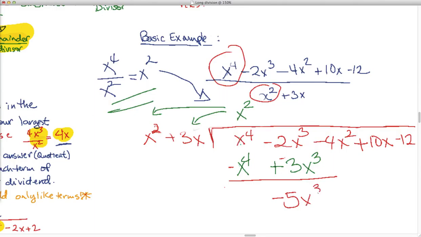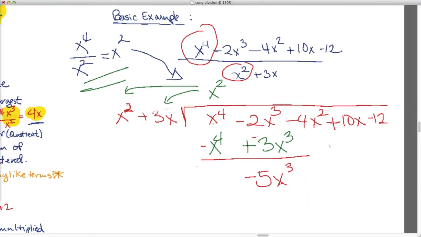So because the power here is cubed and the divisor's largest power is squared, I can keep going. I do so until this power here is smaller than the divisor. That's when I can no longer do it anymore. So if I repeat the process, go off to the side if you want to, you write a negative 5x cubed over x squared, the largest here.